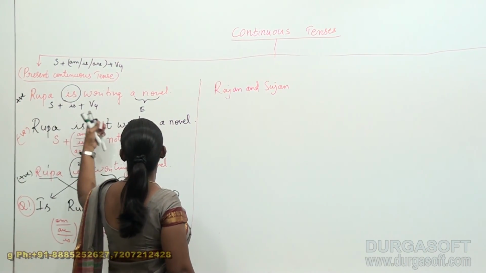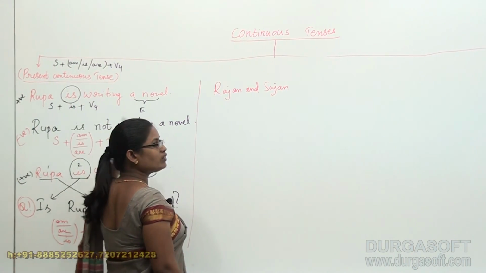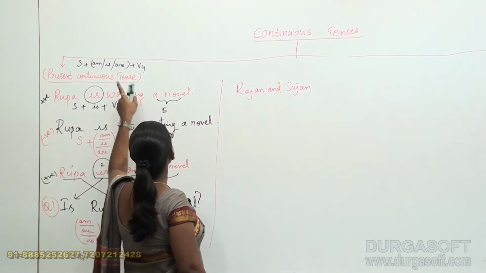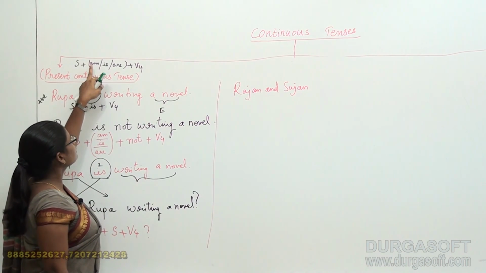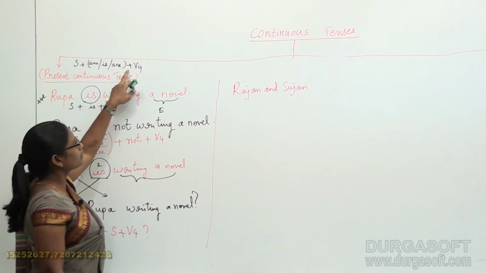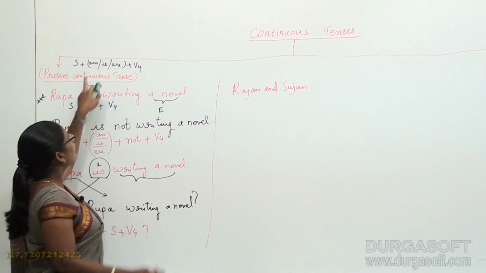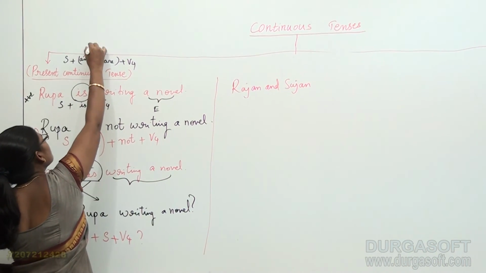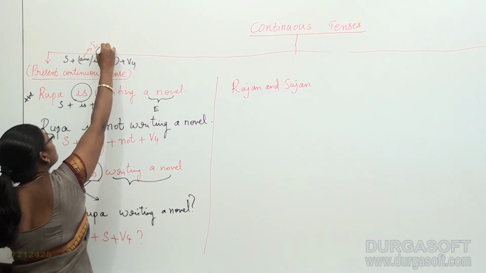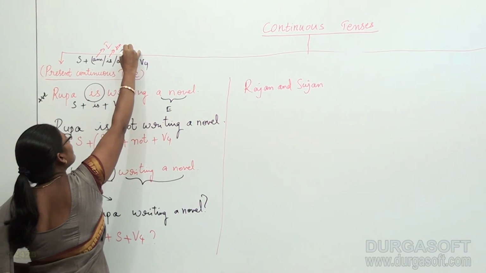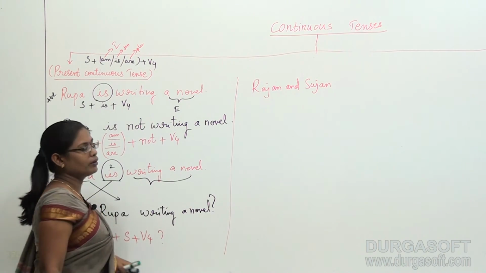So automatically what should come in place of is? We know the structure very well. It is subject plus am, is, are plus V4. You know very well that am always goes with I, is always goes with singulars, and are always goes with plural, right?